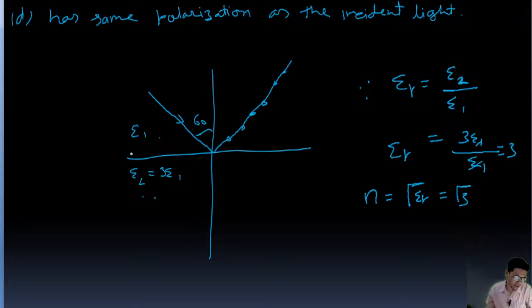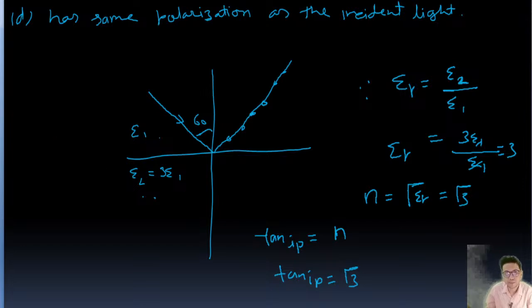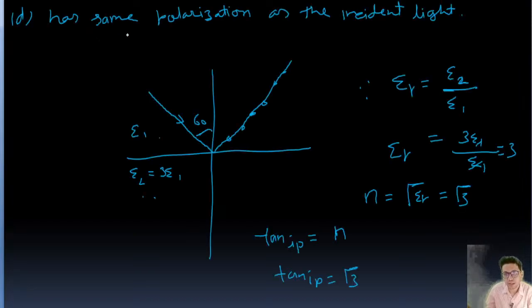And now we know the Brewster angle, that is tan i_p, the angle of polarization, is equal to n. It means tan i_p is root 3. It means the value of the Brewster angle, that is i_p, the angle of polarization, is tan inverse root 3, and this value is 60 degrees.